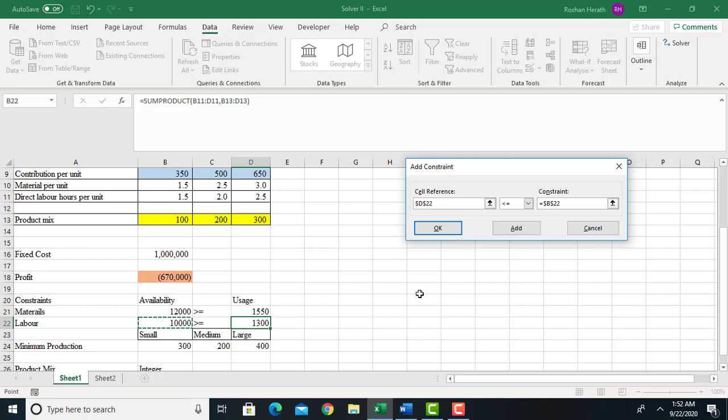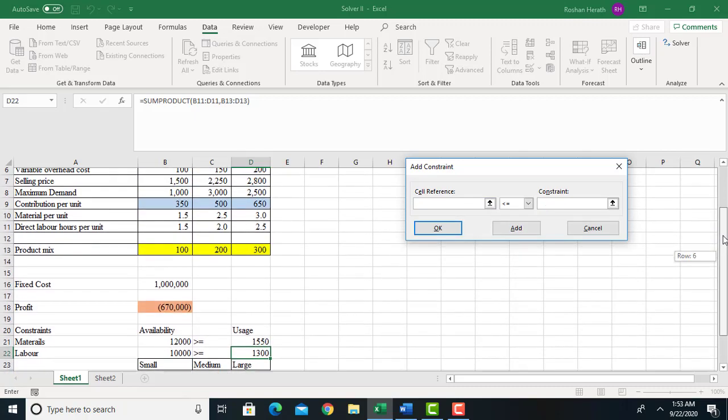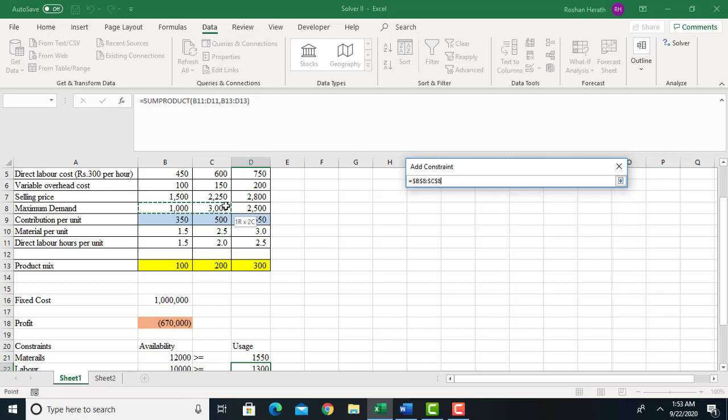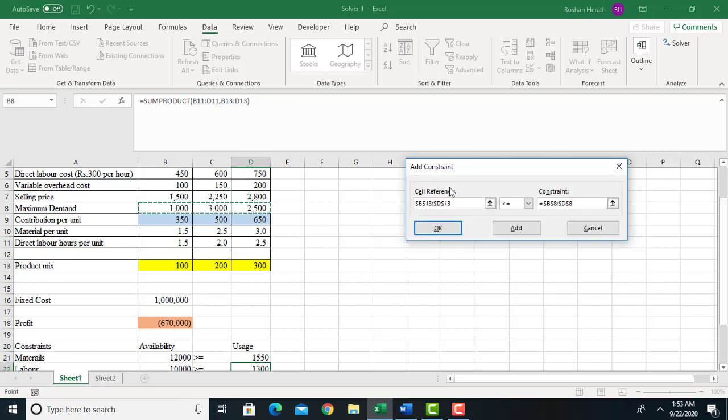Usage must always be lower than or equal to the availability. The third constraint is that the product mix should always be less than or equal to the market demand. So you are given the maximum demand, and your product mix should be lower than the maximum demand.